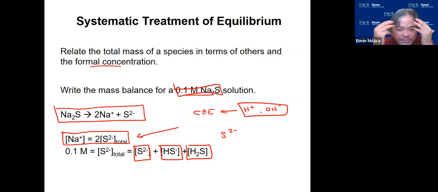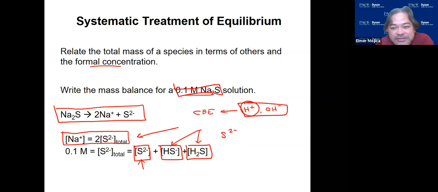So you have to remember that when they dissociate, there can be interaction with the other ions that you have. Because you might say, oh, I thought this is the only one that is present. Ask yourself, where does this species come from? Why do I have to consider them as a contributor to the total sulfide? Because they form from the sulfide that was available in the solution that reacted with the H plus that is also available in the solution.